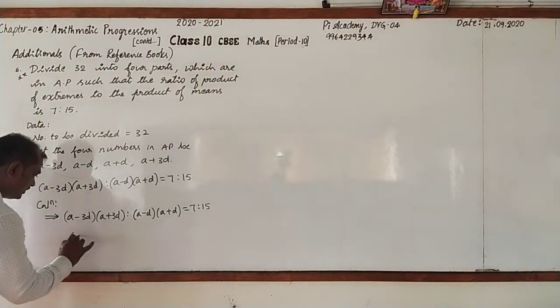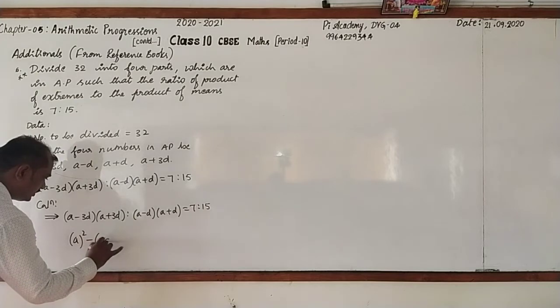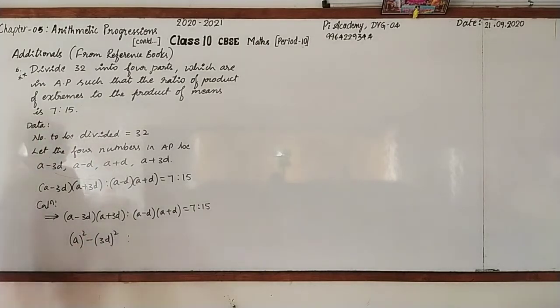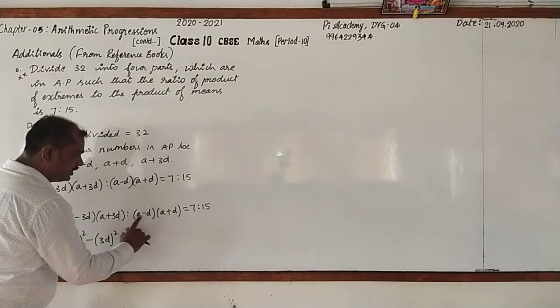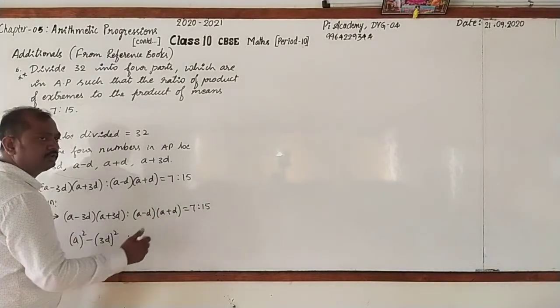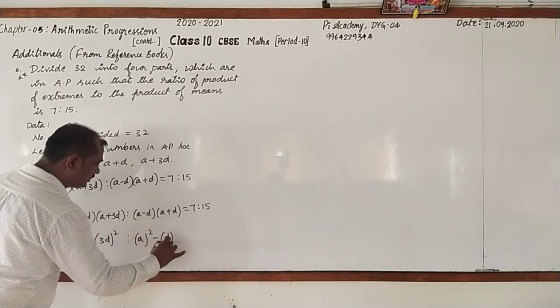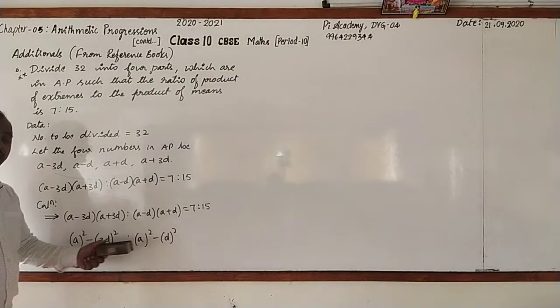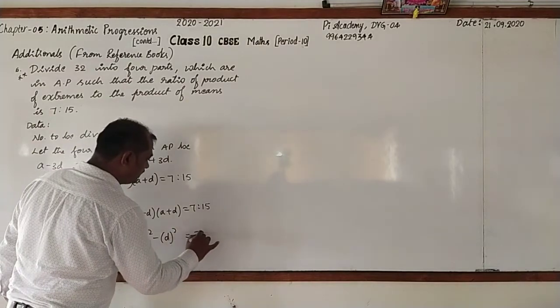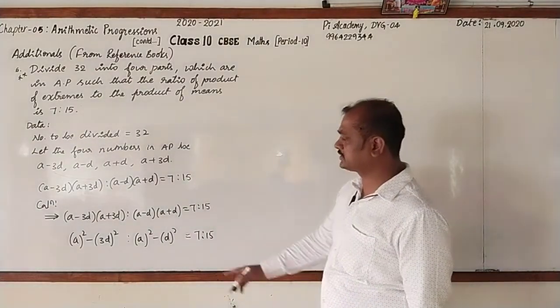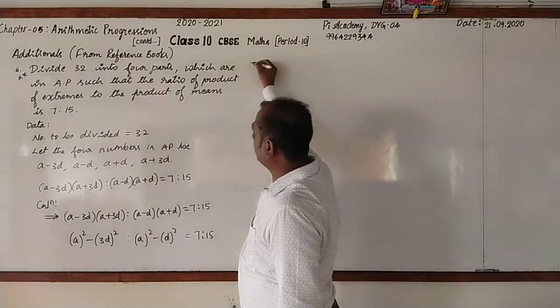So it can be written as a square minus 3d whole square. Whereas these terms, again in the form a minus b into a plus b, can be written as a square minus d square, equal to 7:15. Got it?